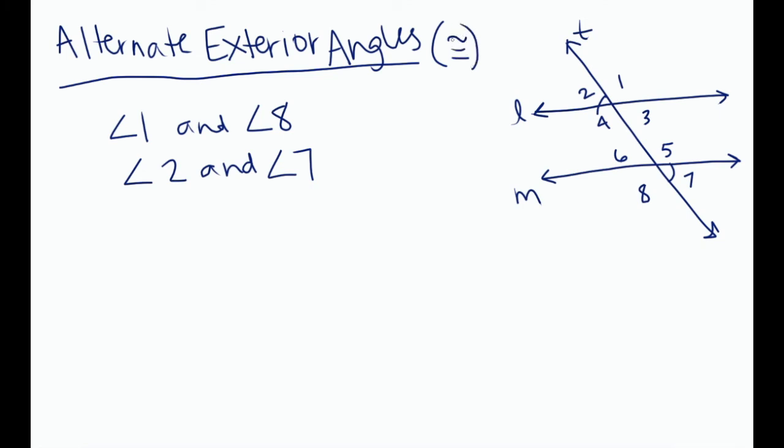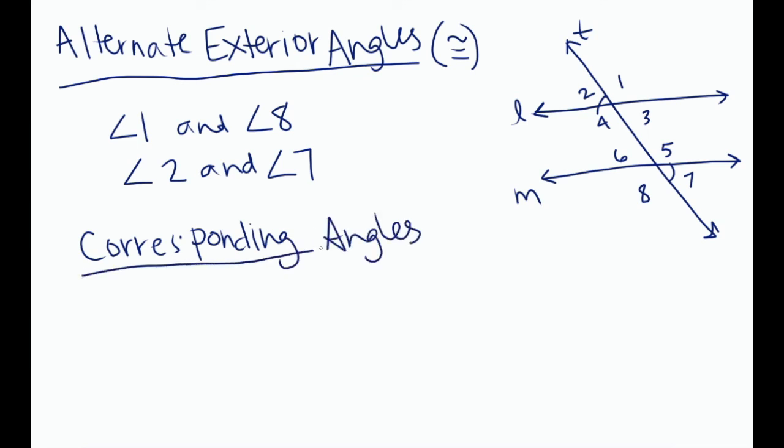The last type of angle we're going to look at are called corresponding angles, and these are actually my favorite type of angles. So these ones are ones that look just like one another. Corresponding angles. So let's just take any angle on here. I'm going to take angle 3.